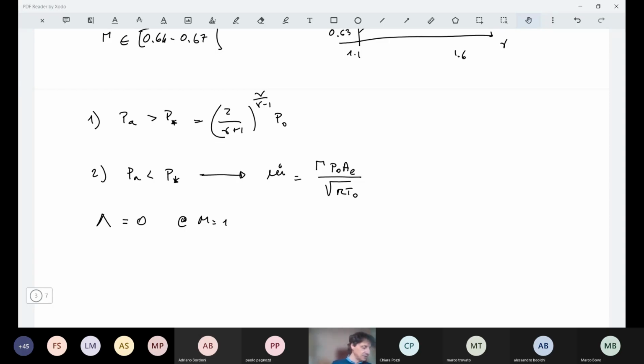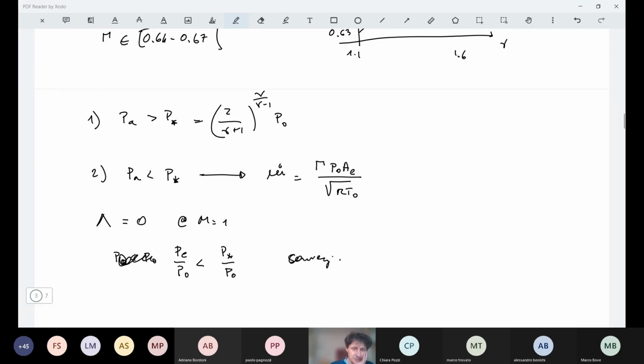consider the cases with PE over P0 which are less than P star over P0.